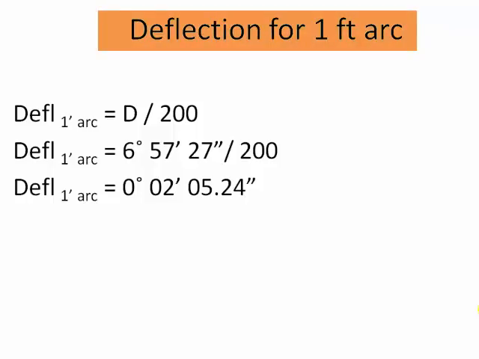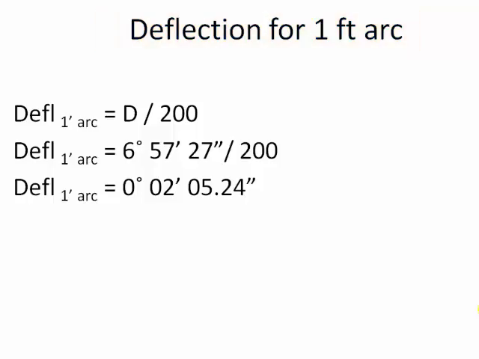Now, in reality, we're not likely to lay out every foot along this 920-foot curve, but it is a good intermediate step that will shortcut our work over the next several slides. So the deflection of 1 foot of arc, as you can see, gives us a very small number, 0 degrees, 2 minutes, and 5.24 seconds.